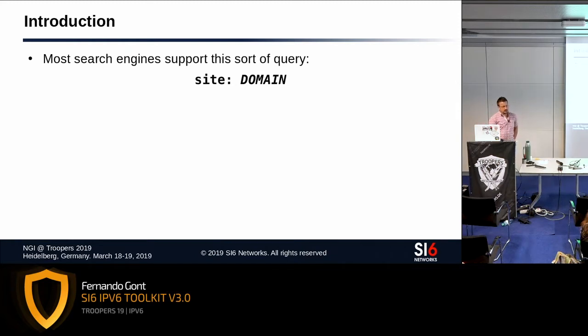At the time, last year, I was working on a project to do an internet-wide scan, measuring different kinds of things, not just security. One of the things that I was interested in was to have the domain names for different kinds of sites, like DNS servers, web servers, and so on.